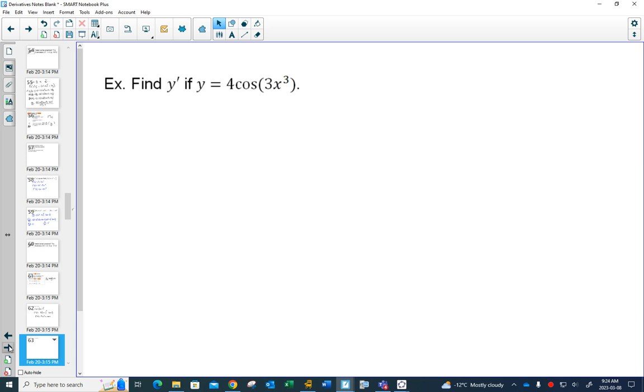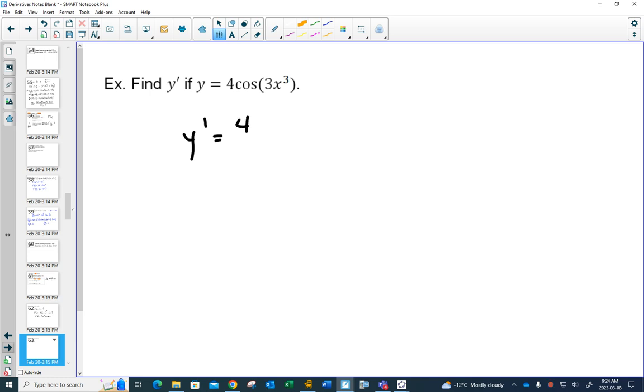Here, we do have a function inside of another function. We notice that the 3x cubed is inside of cos. How do we know we need to do a chain rule? Whenever the inside function has its own derivative, you have to do a chain rule. So now my outside function is cos.